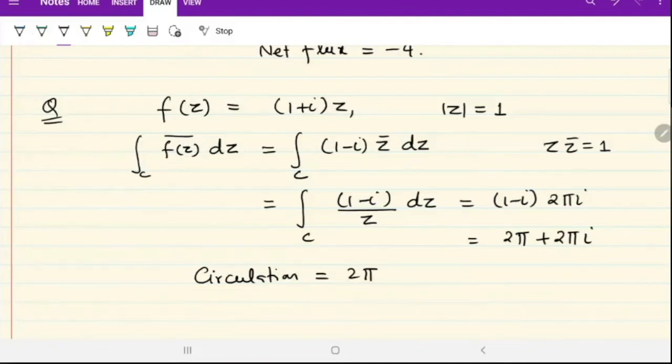If the vector field corresponding to the fluid flow is given by this function f(z), then circulation will be 2 pi as well as the net flux across the contour C, which will be equal to 2 pi. So this is how contour integration of a complex function can give you circulation and net flux by calculating just a single integral.